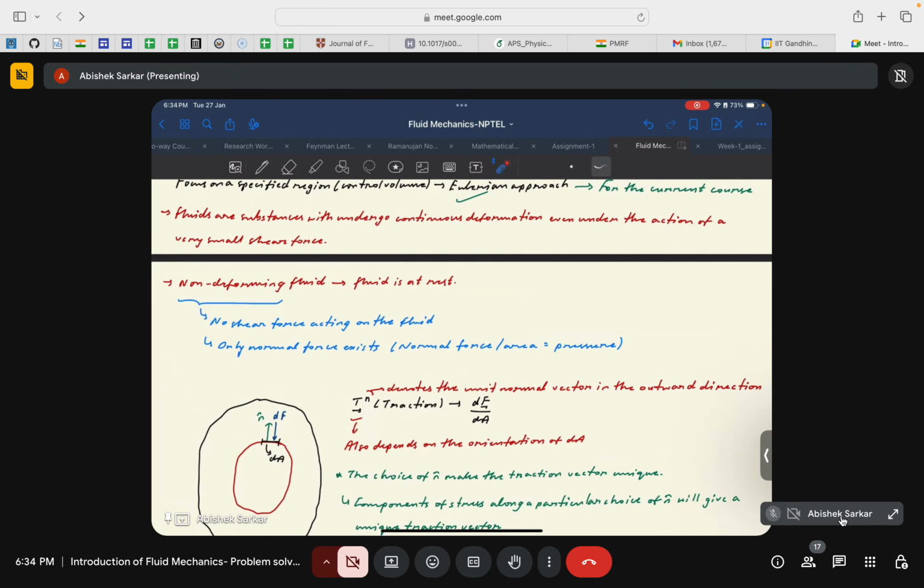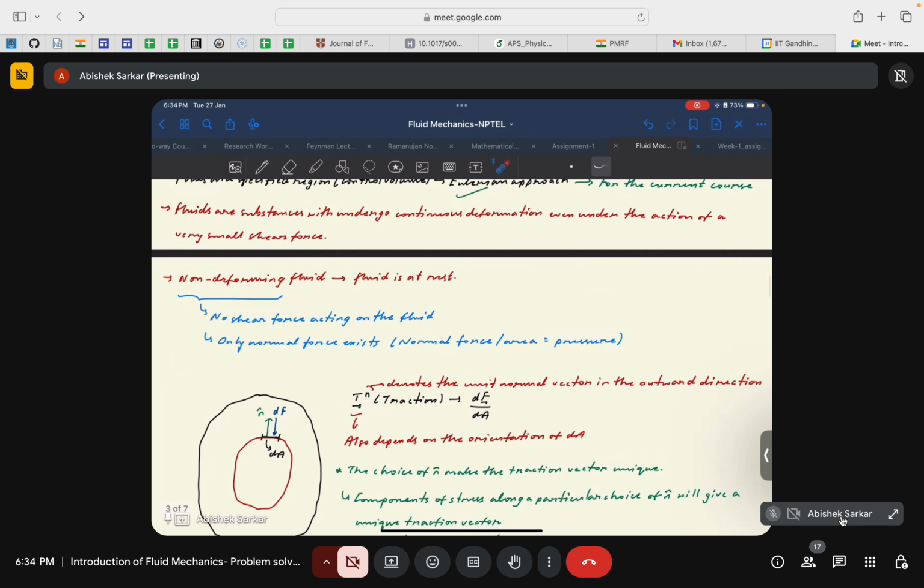So as I already mentioned, when the fluid is not deforming, or basically if there is no flow, no shear force acts on the fluid. Okay, and I feel that you will know what the definition of a shear force is, what is shear force, what is normal force. I expect that you know it already, so I won't emphasize it again.